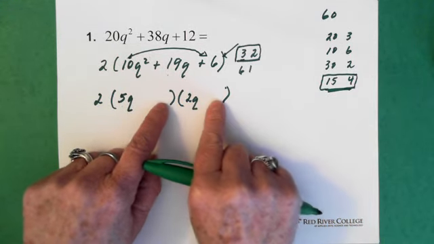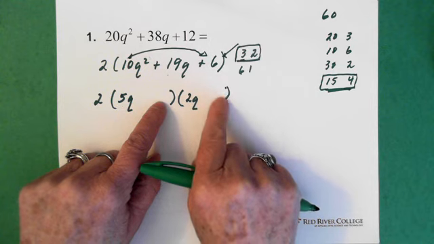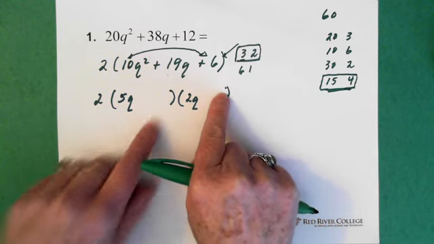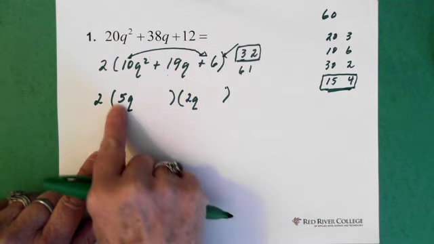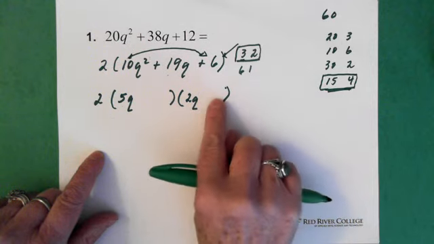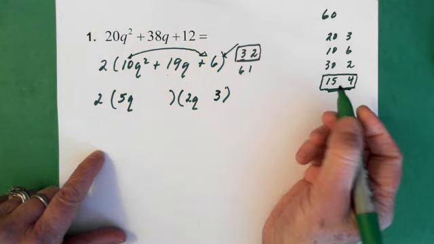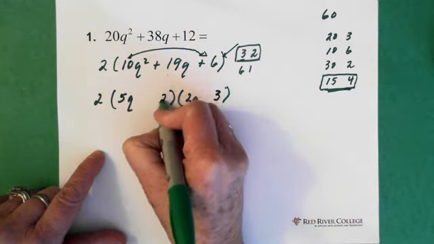So then I have to decide where the 3 and the 2 go. If I put a 2 here, the 2 will be multiplied by the 5, and that will give me a 10. And I don't need that. I need a 15. So then I'm thinking I'm going to put the 3 here and the 2 here.